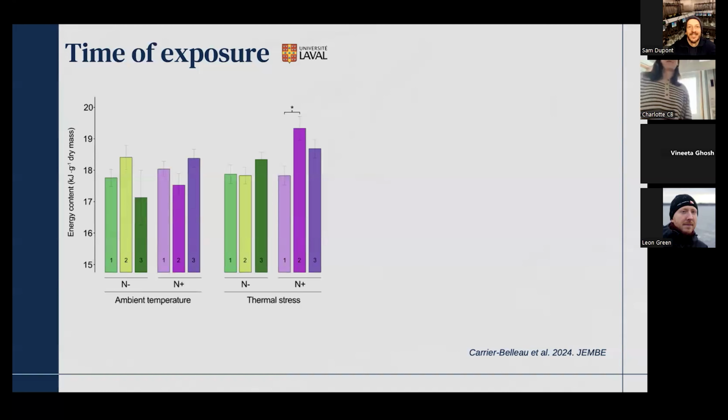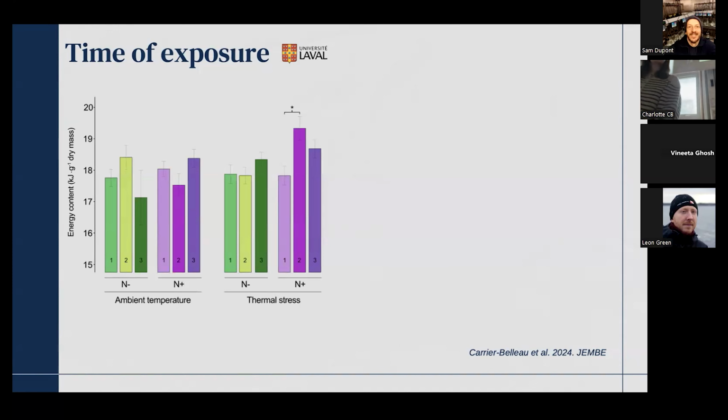So we're also going to be linking those results to see what happens from the individual to the whole ecosystem processes. But this is energy content, so the energy using a calorimetry bomb.